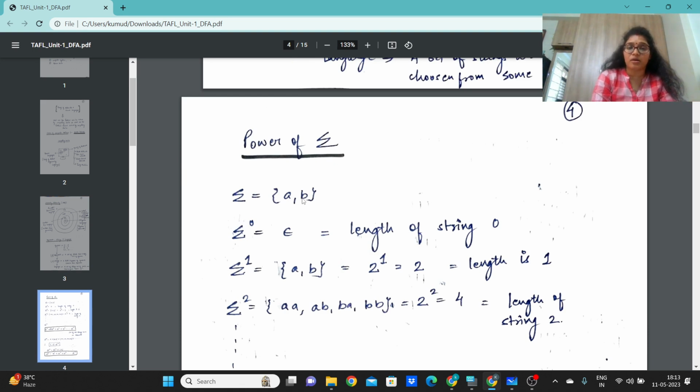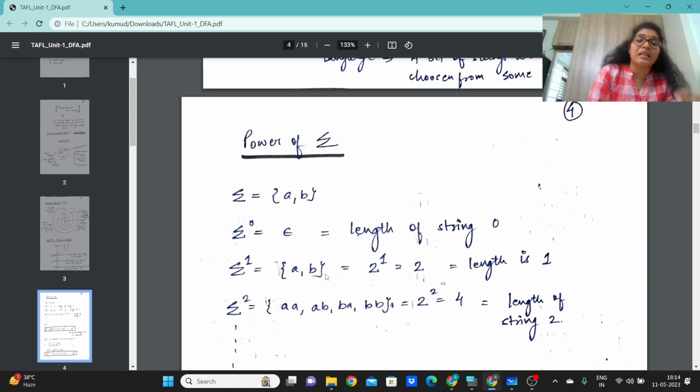Now sigma star, sigma power 0, means all strings of length 0 over this alphabet. Any string whose length is 0 is epsilon, which we call null, or epsilon in finite automata.